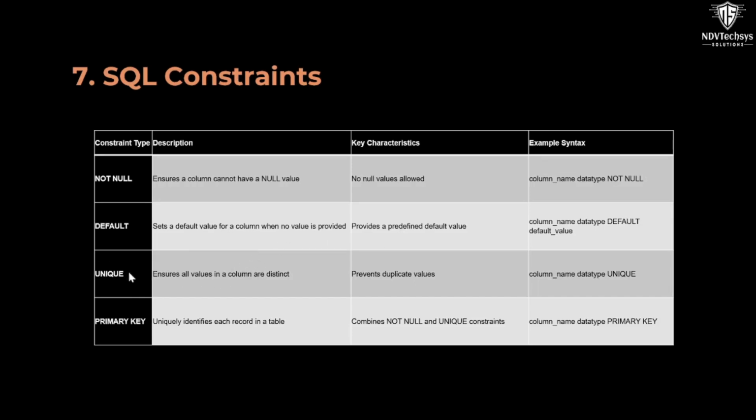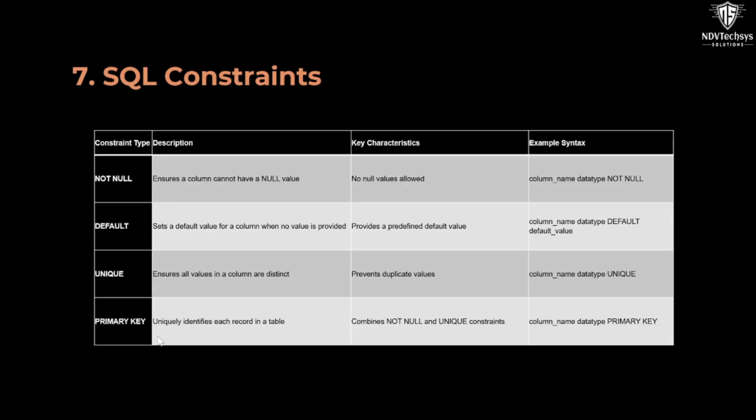And now let's discuss the unique constraint. It will prevent accidental duplication, and it maintains data transparency and uniqueness. And lastly, the primary key. We will discuss this in detail, and this is a very important concept because we will establish a relationship between different tables with the help of a primary key.